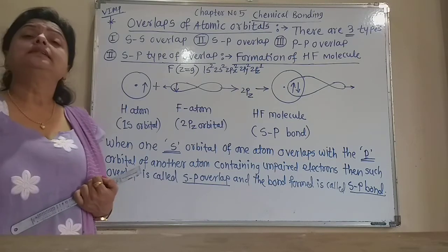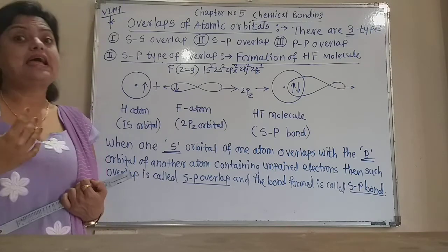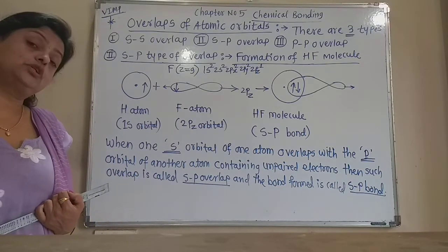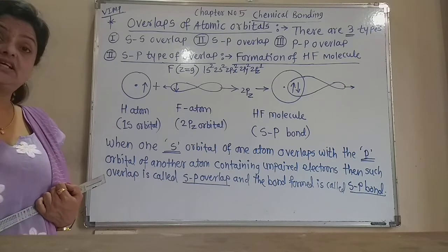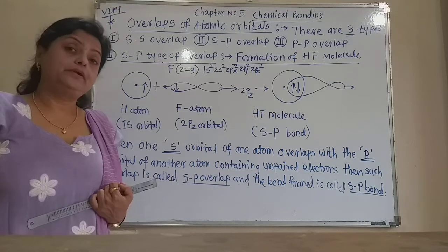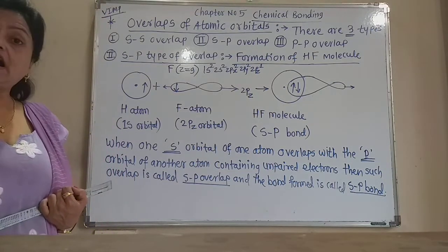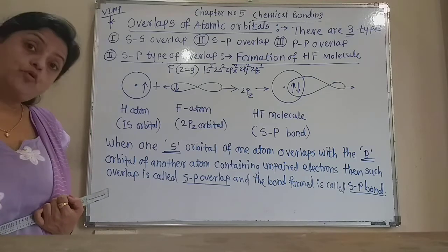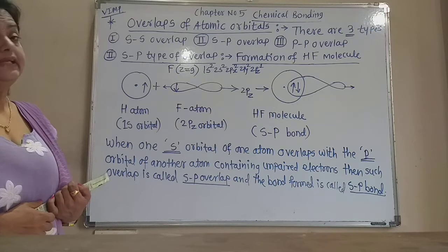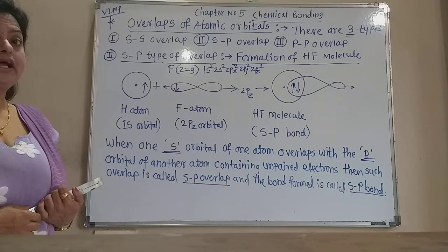Iodine has the 4pz orbital as the unpaired electron containing orbital. So there is also bond formation between the 1s orbital of hydrogen and the 4pz orbital of the iodine atom, and there is the formation of HI bond, that is also an example of the sp overlap. Now let us see how the pp overlap takes place.